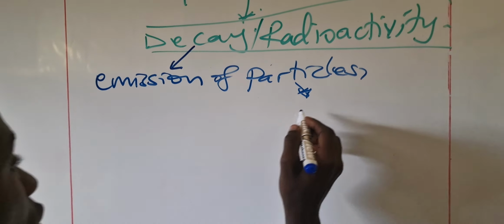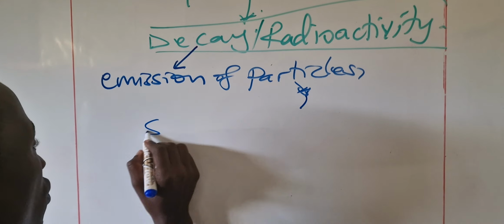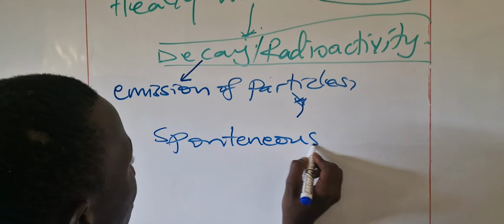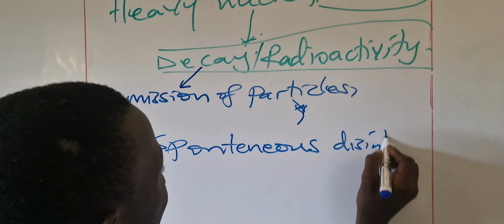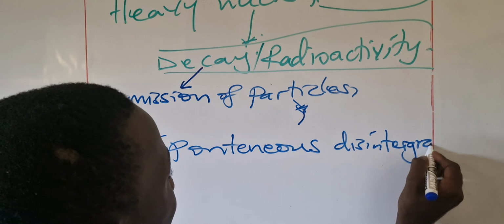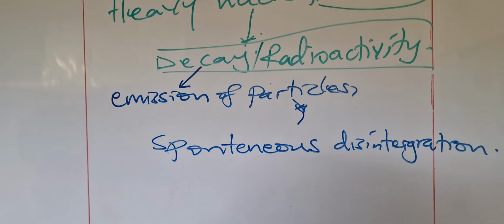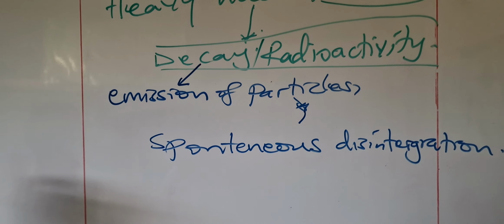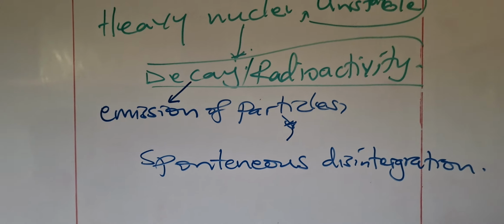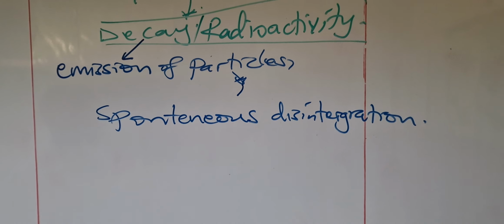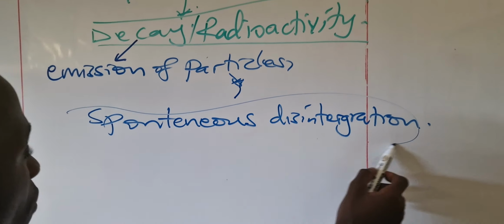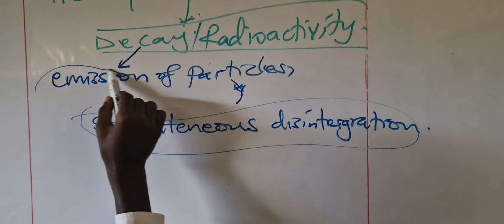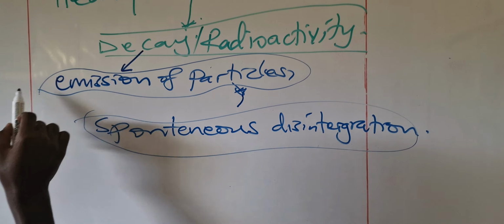These particles will always result in the spontaneous, continuous breakdown of these large unstable nuclei to small stable nuclei. This kind of disintegration will always be accompanied by emission of particles.